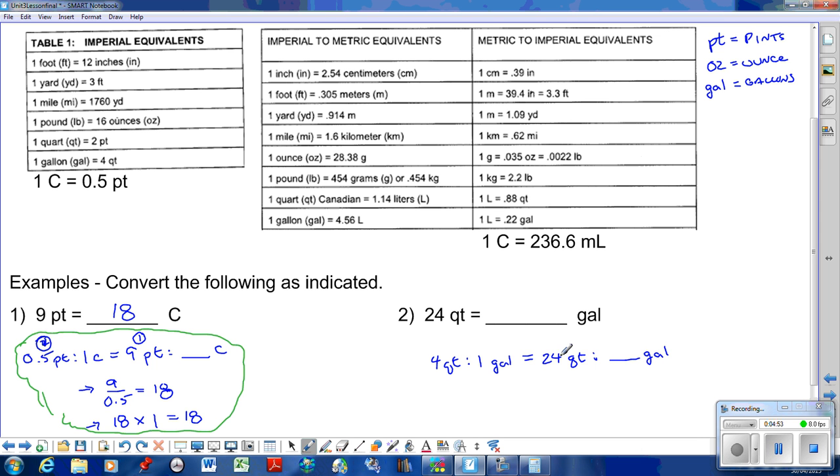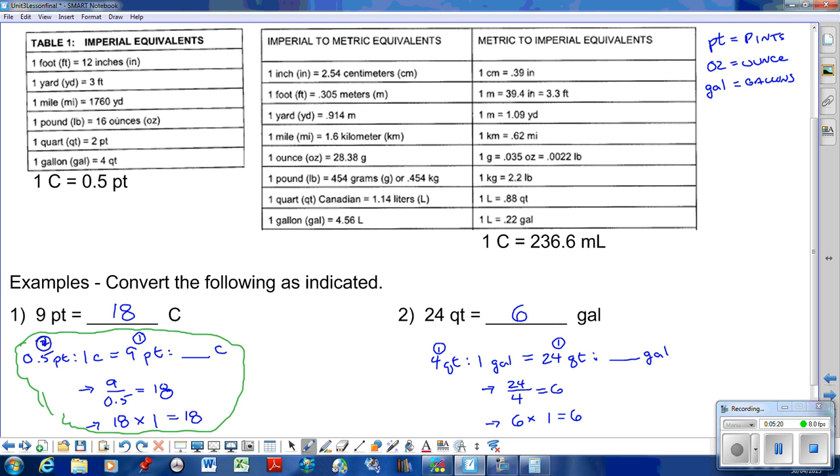So I need to find that unknown. Again, the first term is the ones that match up, so we take the one that's by itself. So step number 1, 24 divided by its partner, 4, so we end up with 6. Our second step then, 6 multiplied by the remaining value, which is 1. So we get 6. So therefore, 24 quarts is the equivalent of 6 gallons.